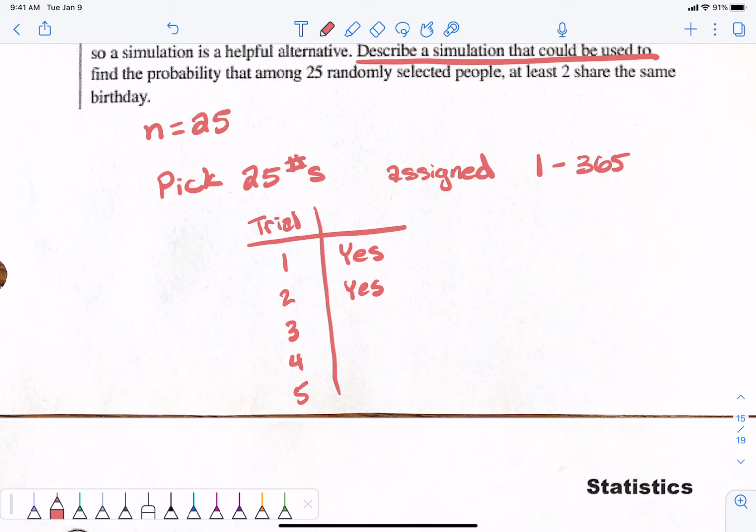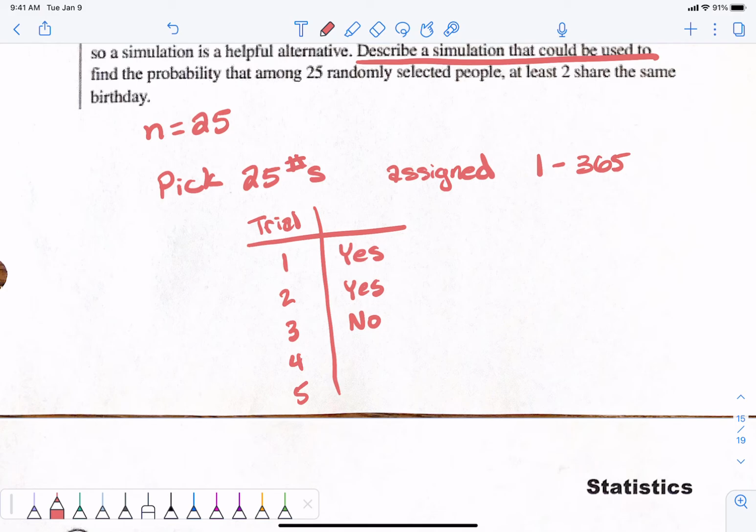Do we have any matching numbers there? For some reason, Caleb is really good at finding the ones because he can find them way faster than I can. You don't see any? No matching? So number 3 was a no. We didn't have any birthdays the same. Let's do number 4. Here's number 4. Any matching ones?